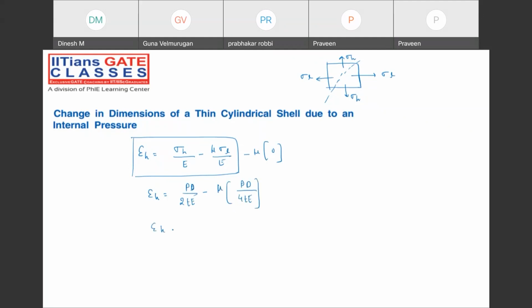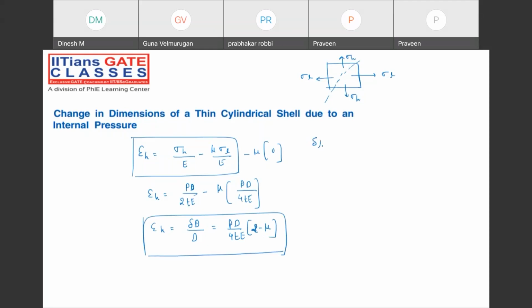So now when you simplify, you will calculate the hoop strain, change in diameter by original diameter, to be equal to PD divided by 4tE times (2 minus mu). Very, very important.